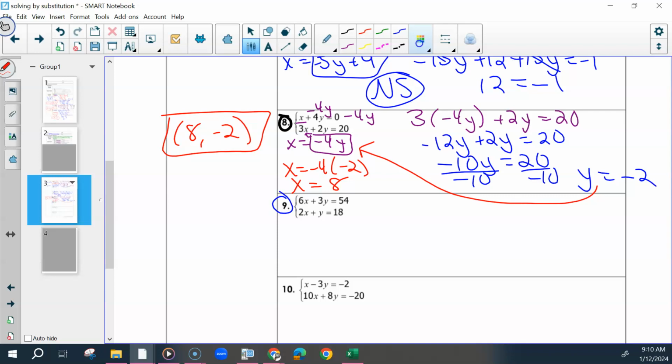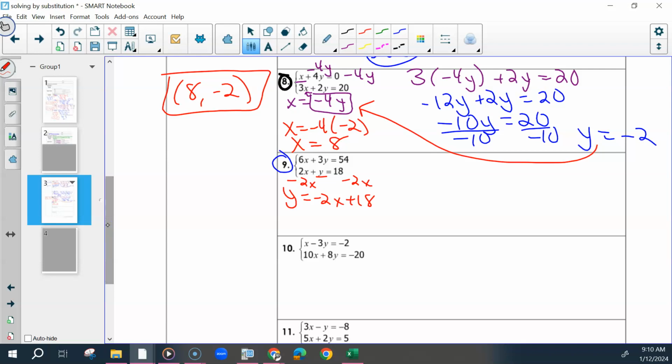Number 9, what would we be solving for? The single y in the second one. How would we get that y by itself? Subtract 2x on both sides. So y equals negative 2x plus 18.